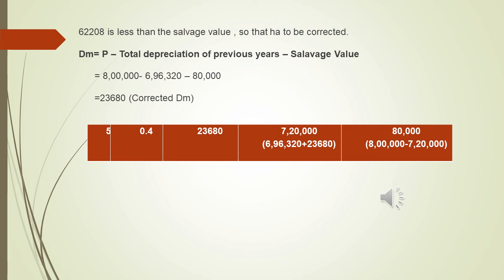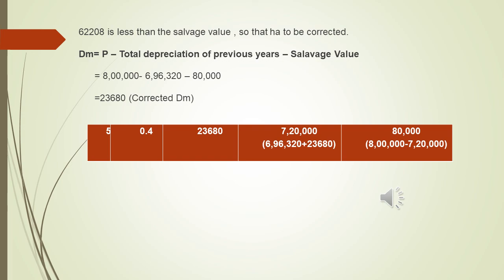So put that DM value 23,680, what you have got through this formula. And then calculate total depreciation. That will be 6,96,320 plus 23,680, the new value you have found. When you add, you will get 7,20,000. Similarly, you have to find BVM for that.